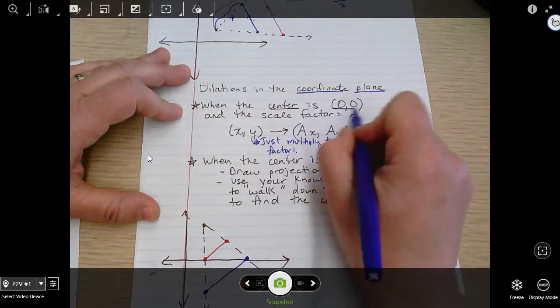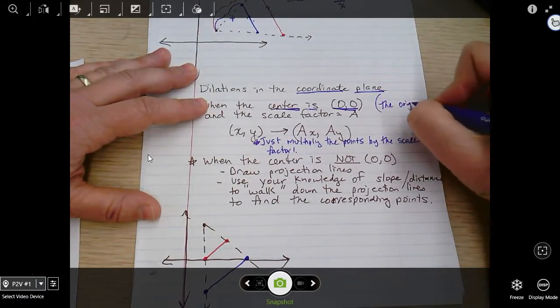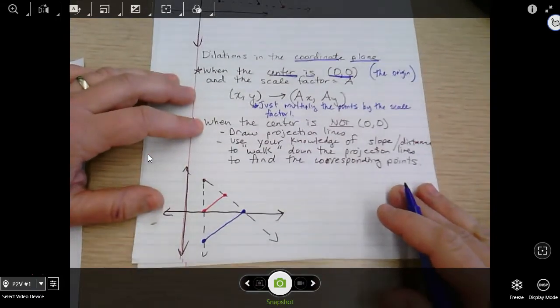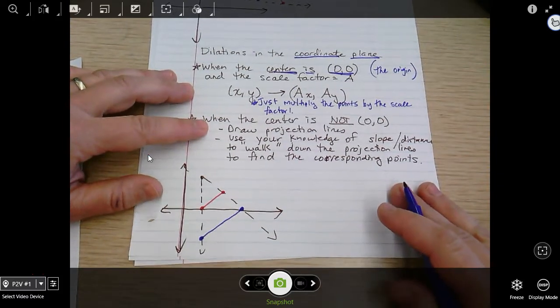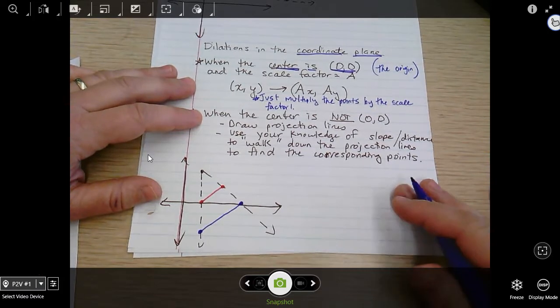But that's only when the center is 0, 0, which is called the origin. If the center is not 0, 0, there's no easy formula. I could probably write one up, but it wouldn't be worth remembering.